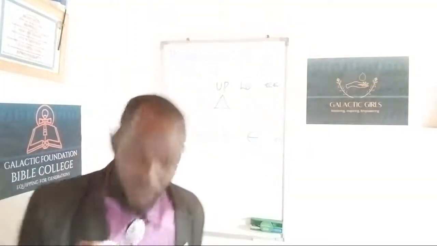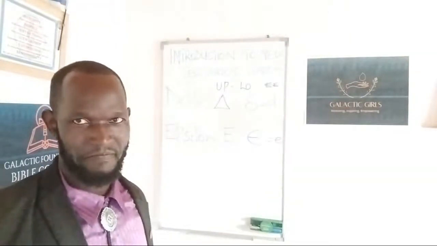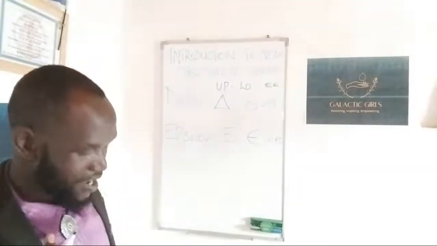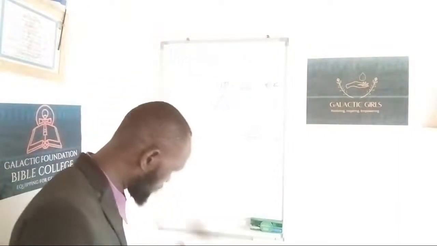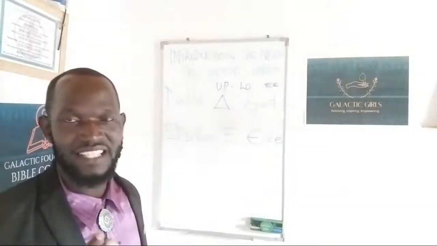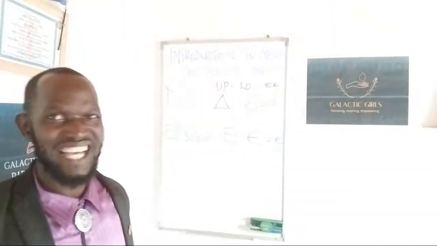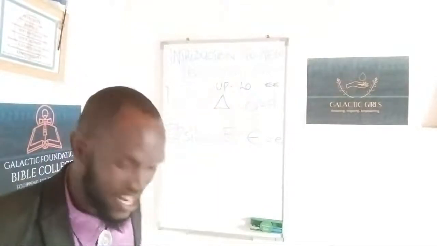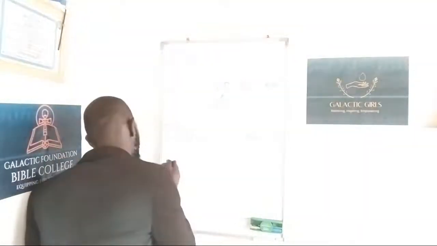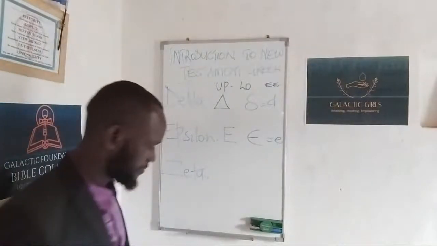Now, the next one is zeta. Zeta. Okay. Zeta is equivalent to the English alphabet letter Z, or what some of you call Zed. So zeta is the next letter, okay?